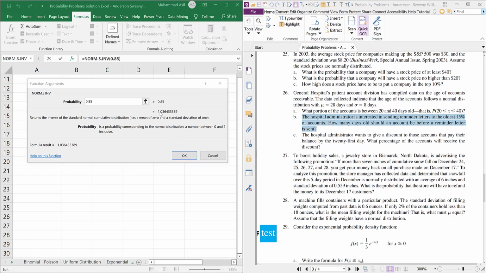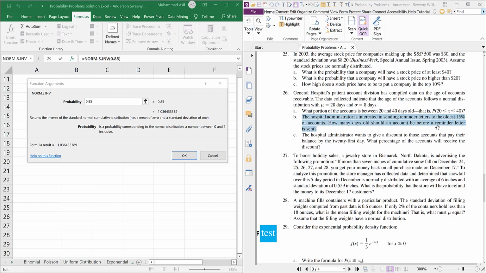This value 1.036 can be rounded as 1.04, and then we will use the same formula, z is equal to x minus mu over sigma. Now we have the z value, x we have to determine, mu is given, that is 28, sigma is already given, and that will give us a value of x close to 36 days.